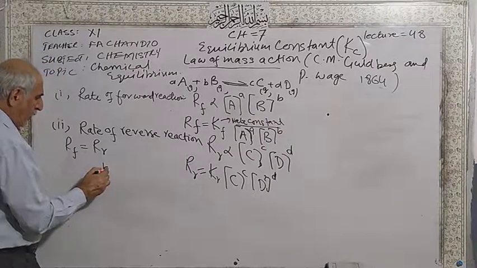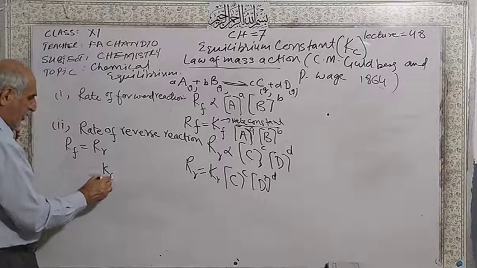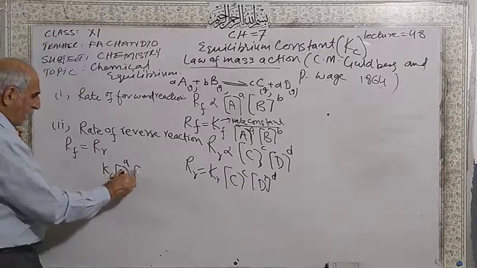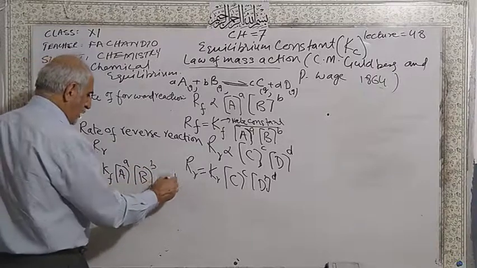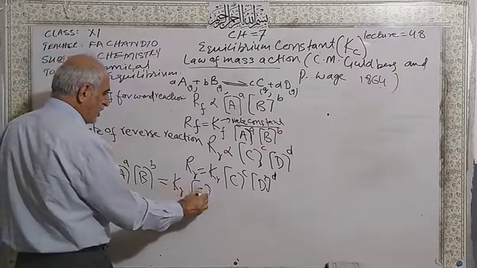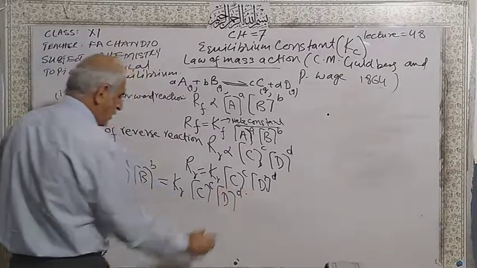So Kf, the rate constant for the forward step, times the concentration of A to the power a and the concentration of B to the power b, must be equal to Kr for the reverse step times the concentration of C to the power c and the concentration of D to the power d.